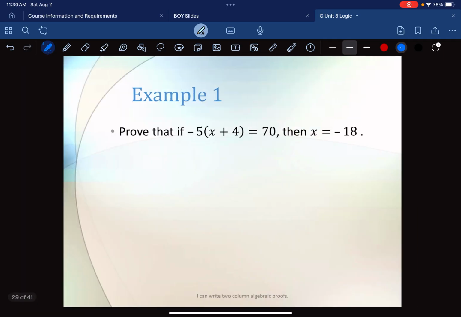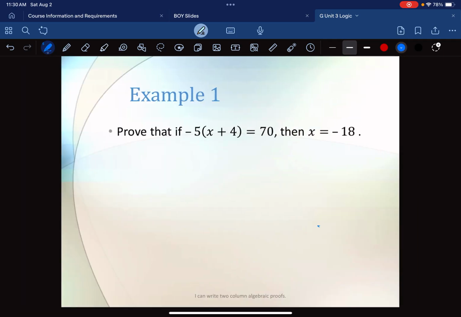All right. So for right now, what we're doing is we're just proving that a value is a solution to an equation. So if this equation exists, then this is its solution. X would equal negative 18. That's what we're doing. So I'm just going to teach you this little 2-column proof method to write things down.